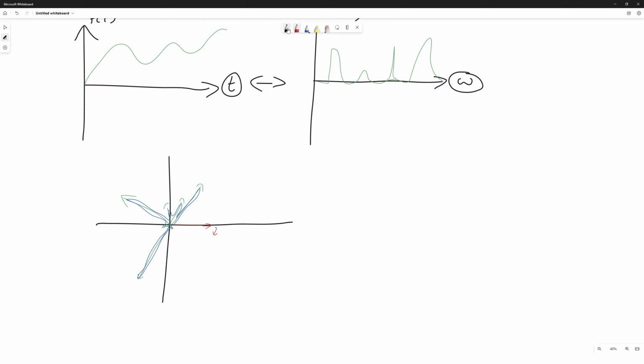And this would plot to look something like this. So here we'd have omega, and let's call this f of omega, right? It would be a small one, and then a big one, and then another small one, and then a big one.